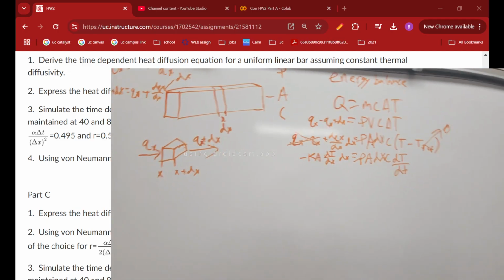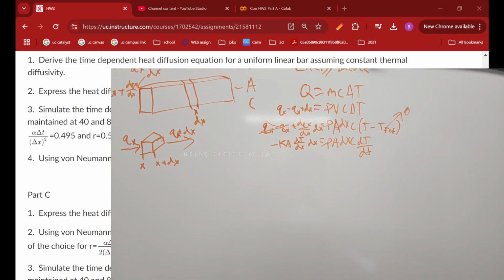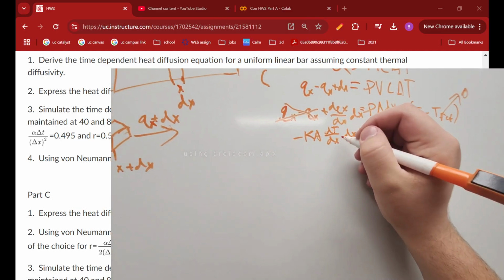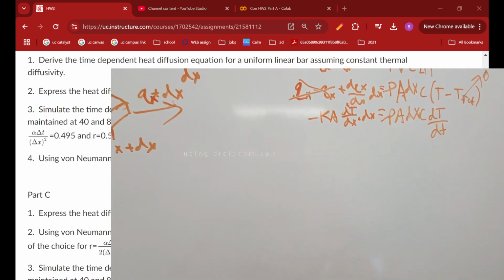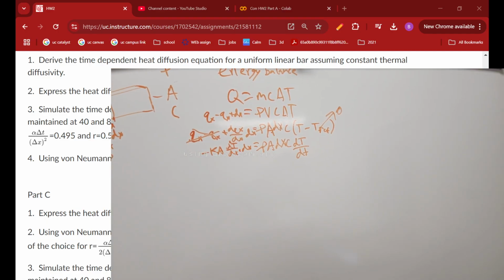Where are my equal signs? And then the only thing that I'd be missing is that this one would be squared, I believe.